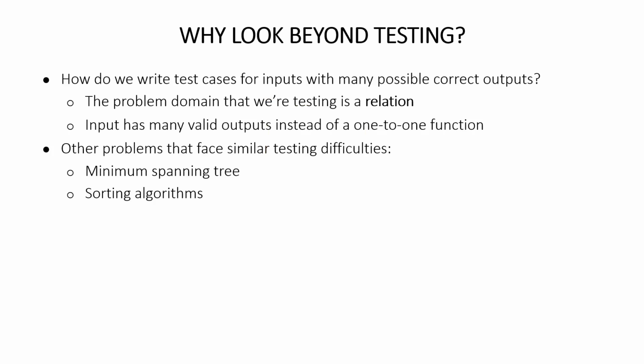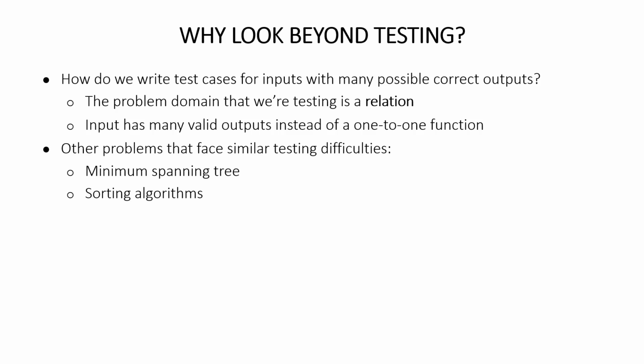If we have multiple correct outputs, then we're really testing a relation. So a single input could be related to multiple correct outputs. Usually in a test, you have a pair of input and output, but here now you suddenly have a relation. It's no longer a single pair, it might be multiple pairs, and you want to check all of them. So it's not really a one-to-one as we would have in a pair.